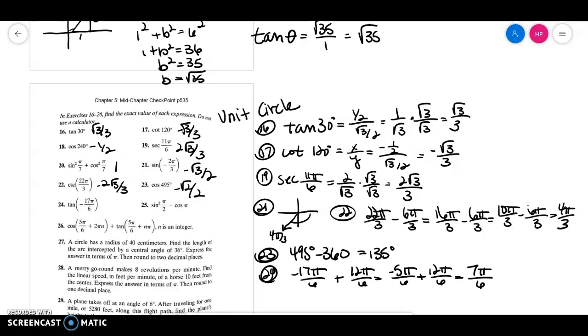So y over x, or sine over cosine, would end up being 1/2 divided by the square root of 3 over 2. And so that 1 over the square root of 3, again, rationalizes to the square root of 3 over 3. 25, we've not covered anything like that. And 26 is another kind of challenge problem, recognizing what happens when we look full circle at those values.